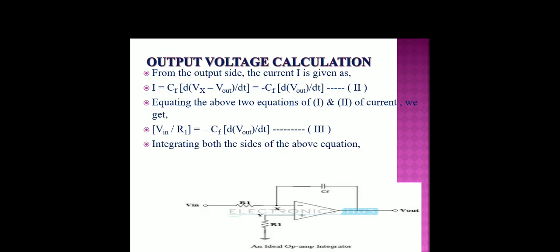Again from the output side, the current I is given as I is equal to Cf into d(Vx minus Vout) divided by dt, which is equal to minus Cf into dVout divided by dt, as Vx is equal to 0 again.